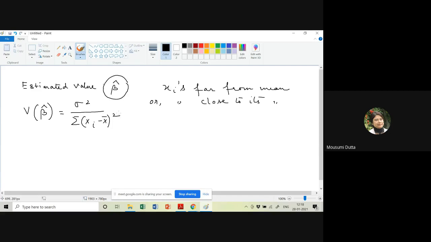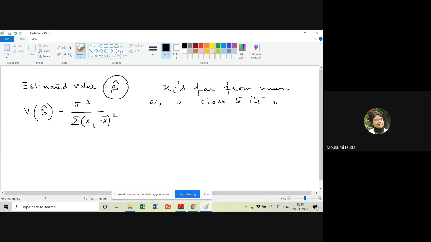And when we are using matrix algebra, we write sigma square (X prime X) inverse, this kind of thing, you know. So the variance of beta hat is equal to sigma square divided by summation (xi minus x bar) whole square. So what we are finding is that (xi minus x bar) whole square is in the denominator of the variance of beta hat. Now tell me, if xi's are far from their mean value, in that case will the variance of beta hat be lesser, or if xi's are close to their mean value, will the variance of beta hat be lesser?